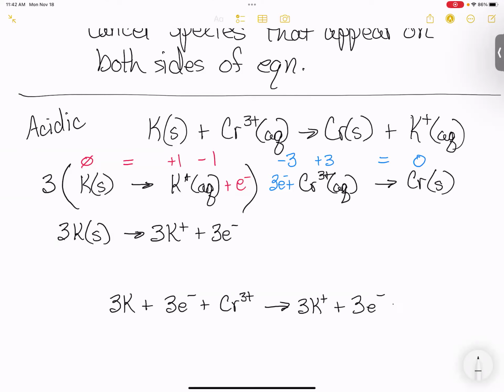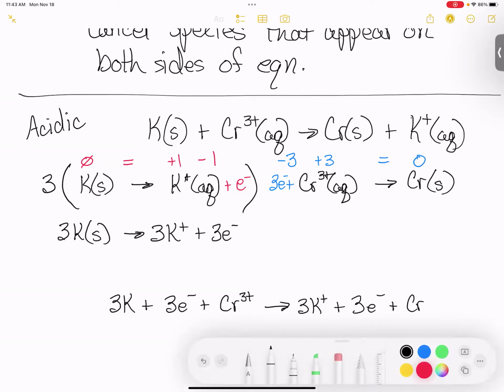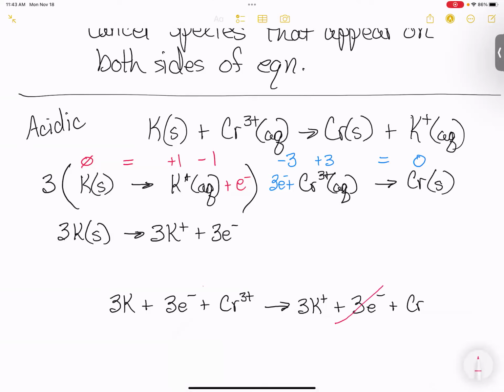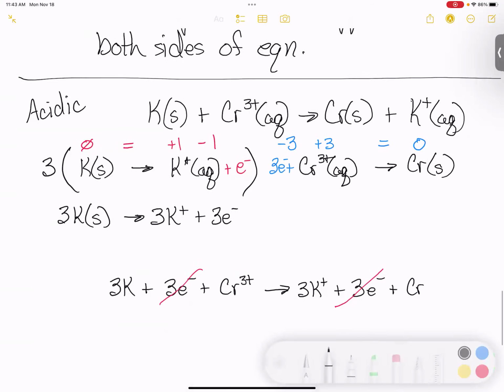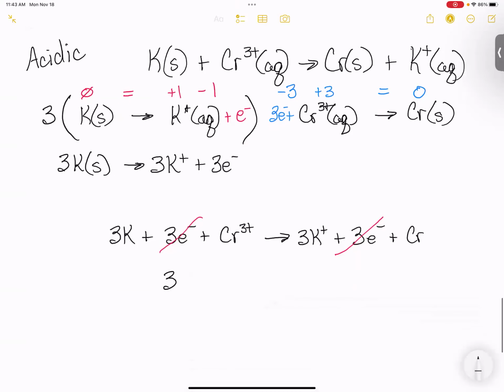And on the right-hand side of the right-hand equation, we have 1 chromium. You cancel out anything that appears on both sides of the equation, which will be your electrons. And so the balanced redox reaction is 3 potassium plus chromium 3+ goes to form 3 potassium ions plus chromium.